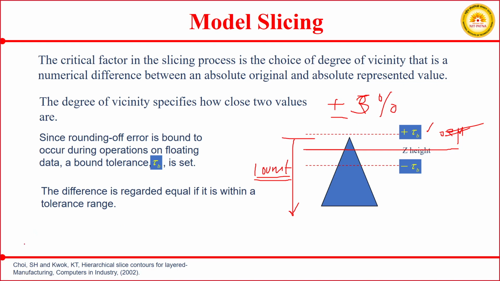Let me erase it for clarity. Okay, so it means your slicing plane may pass within 5%. If any vertex is lying within this particular tolerance region, the plane will be considered as passing through that particular vertex.